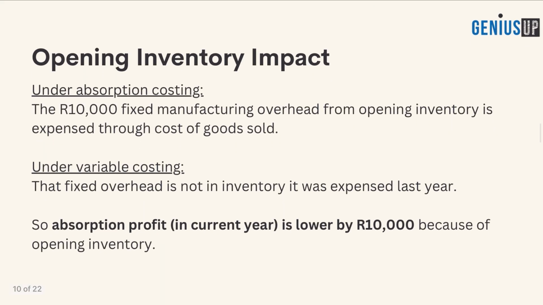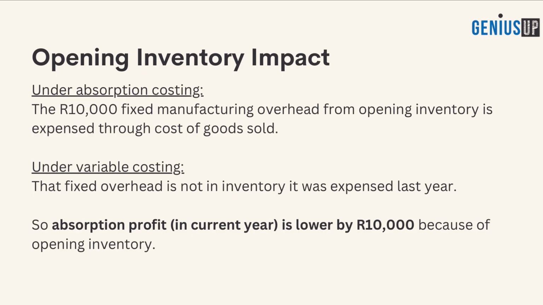So, the opening inventory impact: under absorption costing, the 10,000 fixed manufacturing overhead from opening inventory is expensed through cost of goods sold. However, under variable costing, the fixed overhead is not in inventory. It was expensed in full last year, because the fixed manufacturing overheads under variable costing are never part of product cost. They are expensed in full in the period in which they are incurred. However, under absorption costing, we stored 10,000 worth of fixed manufacturing overheads in our inventory, and that inventory is opening stock now.